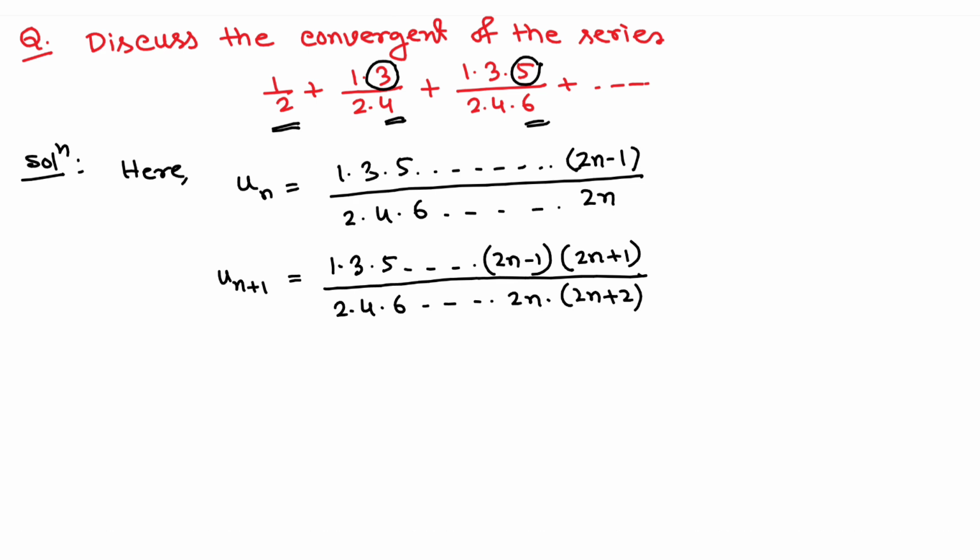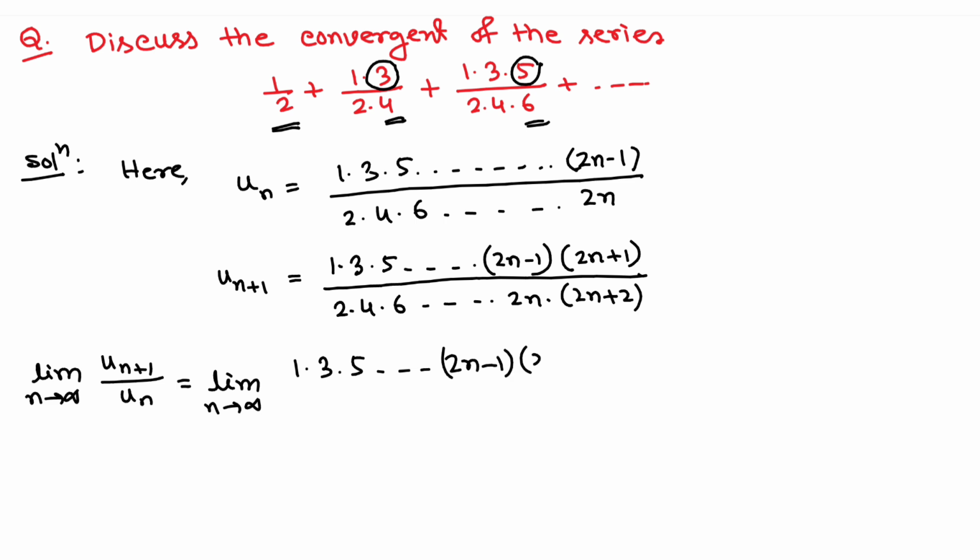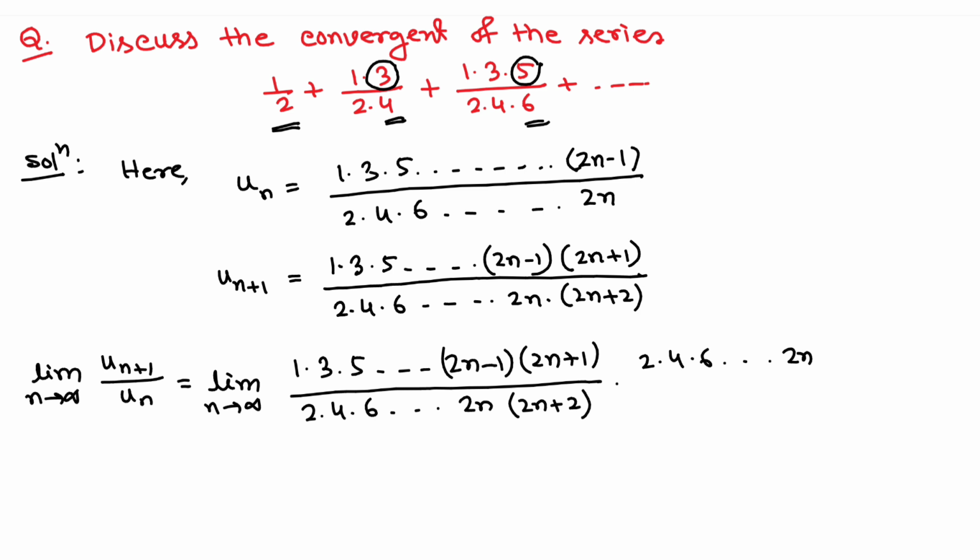Now apply D'Alembert ratio test. Limit n tends to infinity un plus 1 divided by un is equal to limit n tends to infinity of 1 into 3 into 5 up to 2n minus 1 into 2n plus 1 divided by 2 into 4 into 6 up to 2n plus 2, times 2 into 4 into 6 up to 2n divided by 1 into 3 into 5 up to 2n minus 1.